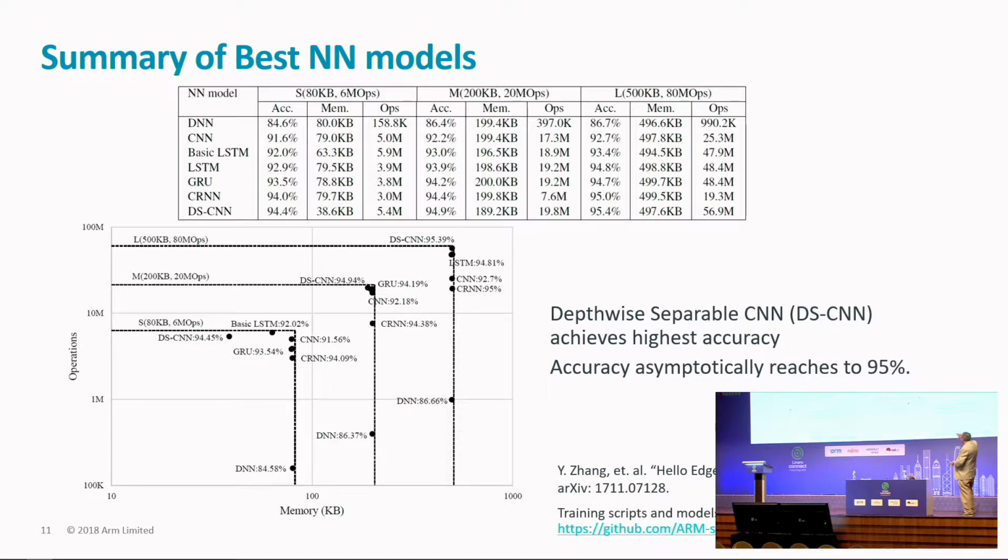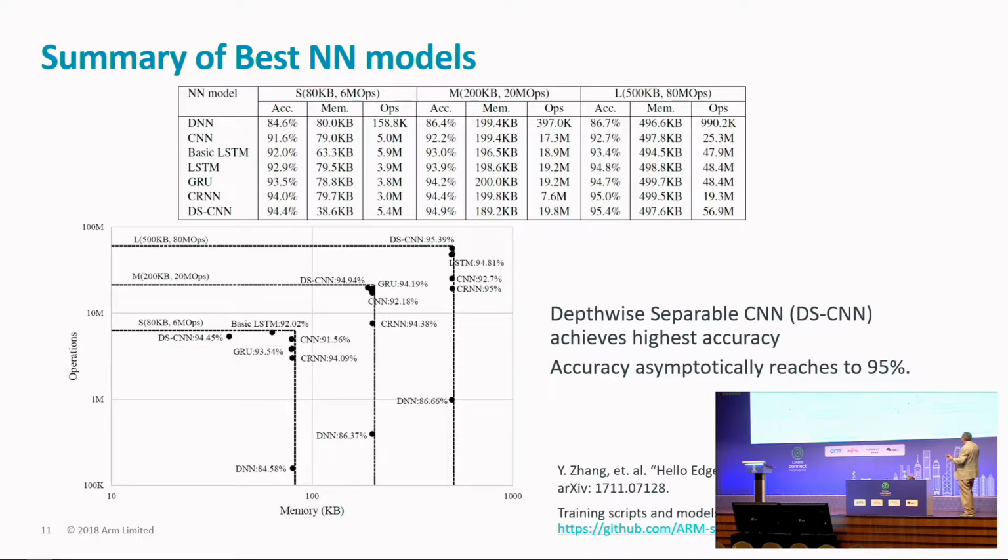So if we tabulate this, what we find is the bottom two lines of this table show that between a depth-wise separable CNN and a CRNN, we actually have a trade-off. And that trade-off is the number of operations to get to an inference versus the amount of memory. So if you have a CRNN, you're at about 80K bytes, but you're only using 3 million operations to get to your inference.